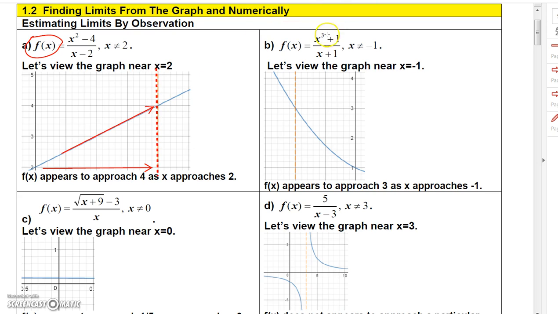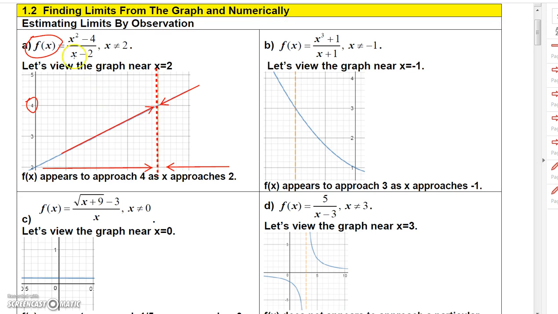Also, if you approach 2 from the other side, the y values would get closer and closer to 4 from that side too. So as you approach 2 from either side, the function appears to approach the y value 4.